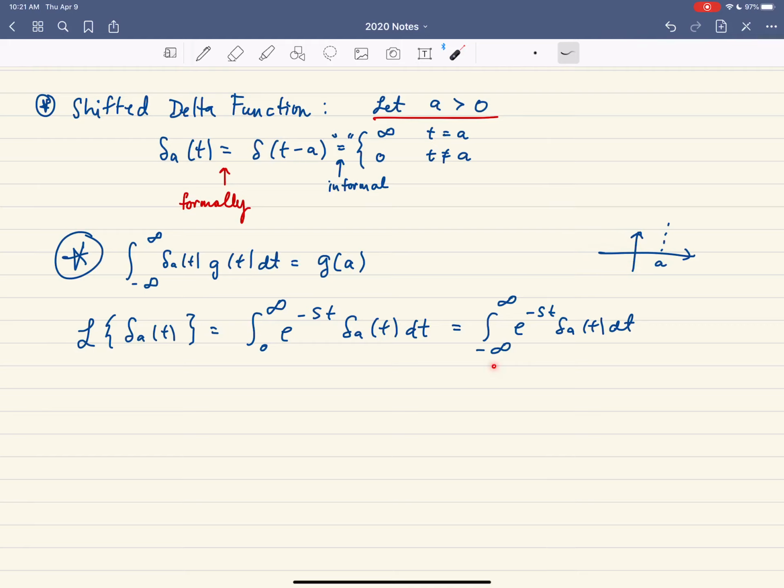So you get to add that part for free if you want. Anyways, using our property that I starred up above, let's put a little purple asterisk here, this property tells us that what we're going to get is this other function that we're multiplying by delta at t equals a. And so that's going to be e to the negative as. There's really no more calculation to do here. That's the property. That's the Laplace transform.